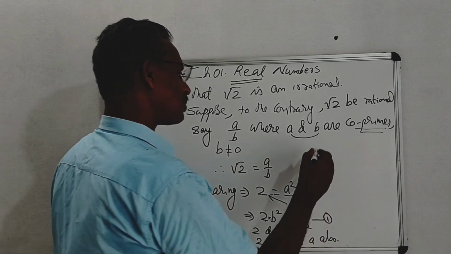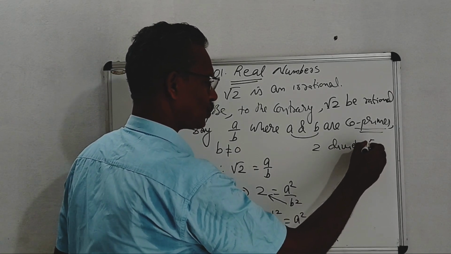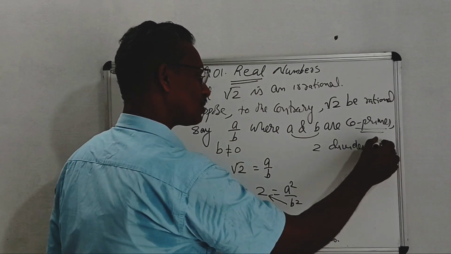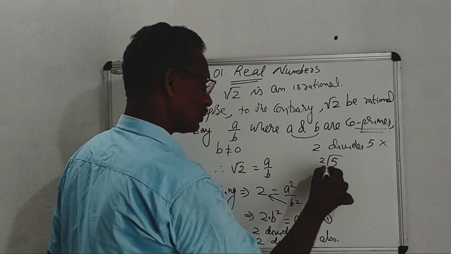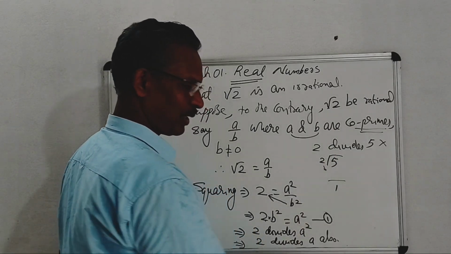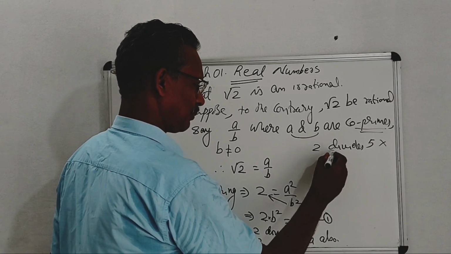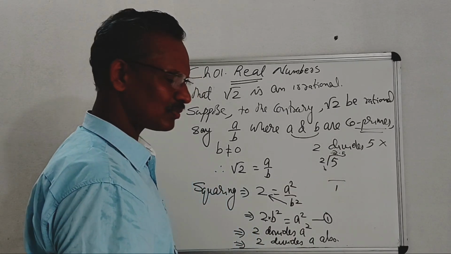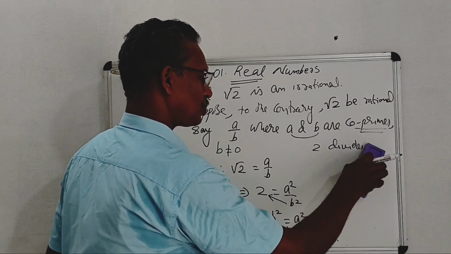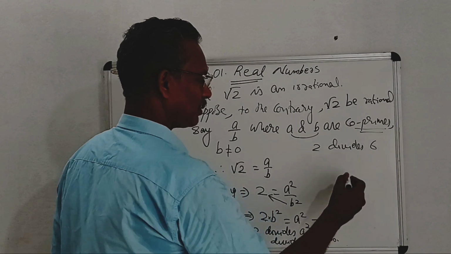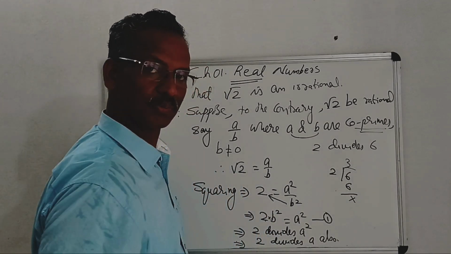Okay, can you say 2 divides 5? It's a wrong statement. Why? If you divide 5 by 2, you will get a remainder, or in decimal form the answer may be 2.5. You should not get a decimal quotient. But 2 divides 6 is correct because 6 is divisible by 2 and the remainder is 0.